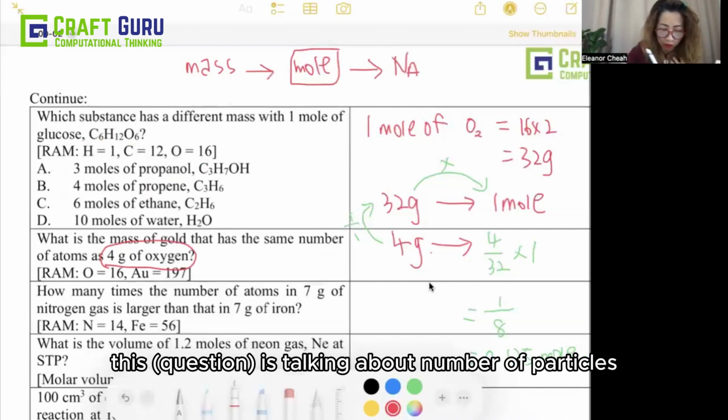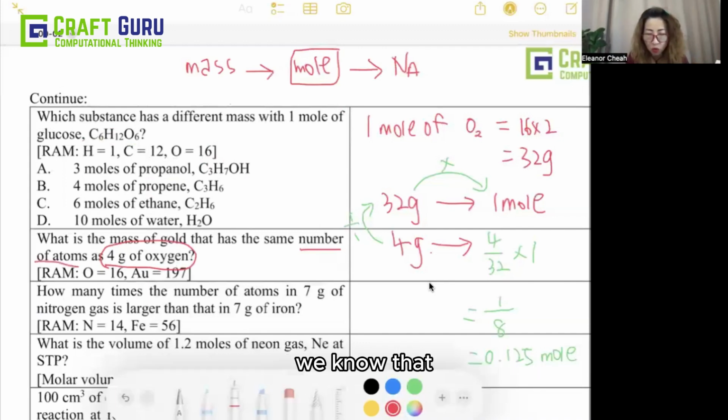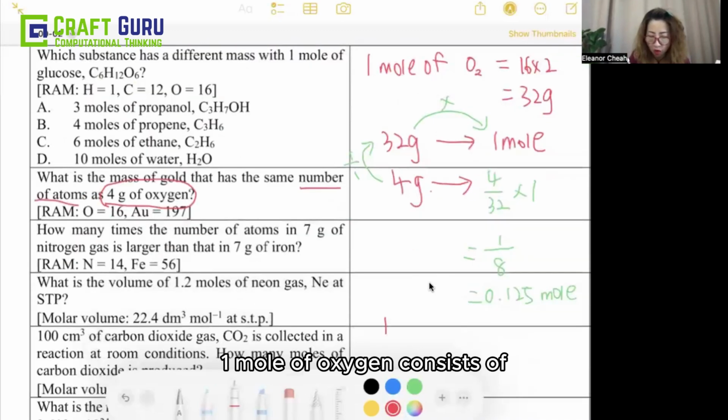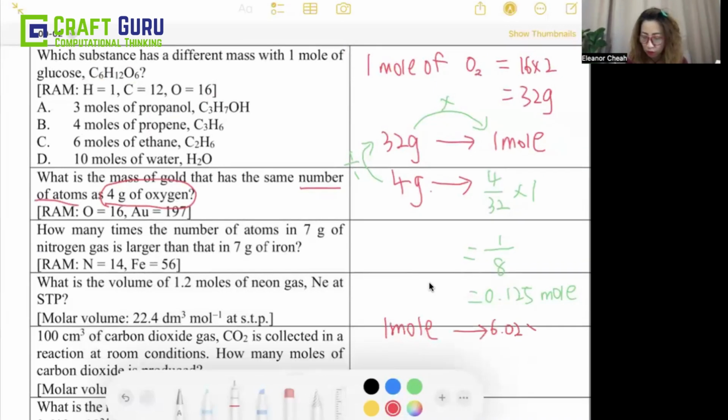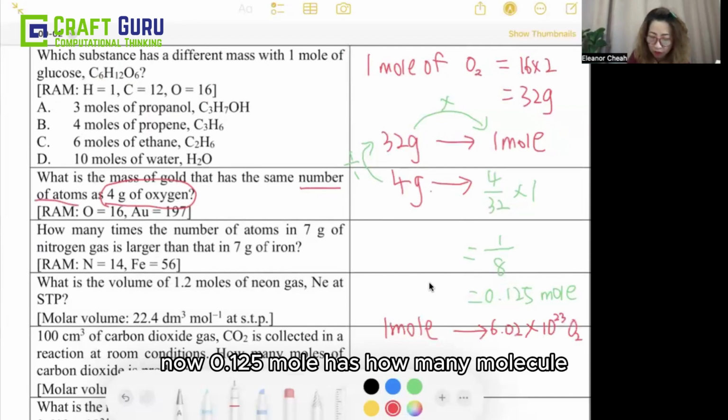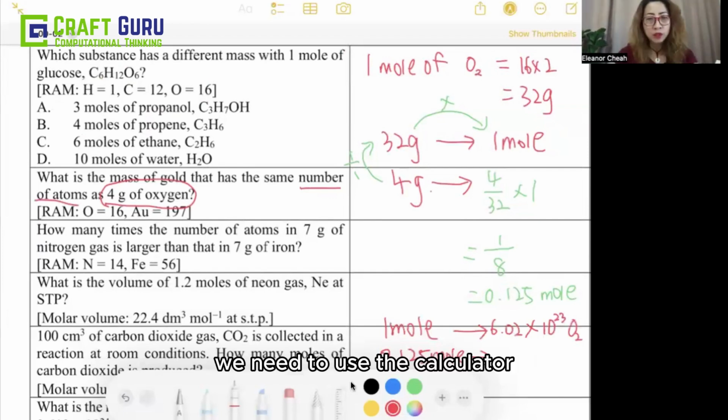We know that 1 mole of oxygen consists of 6.02 times 10 to the power of 23 oxygen molecules. Now 0.125 mole has how many molecules?